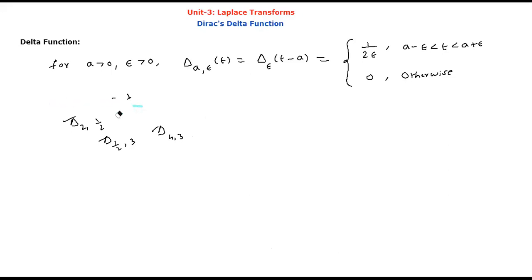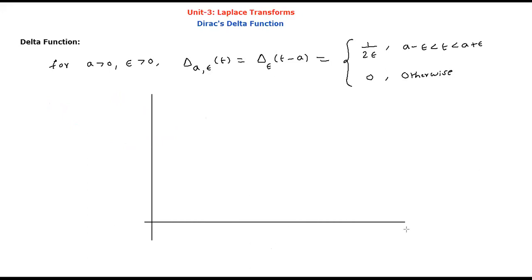So I'm going to consider one function. Call this the t-axis. This is delta.